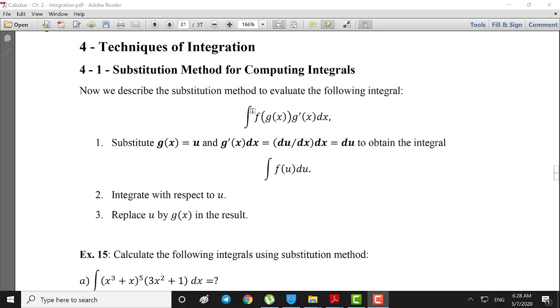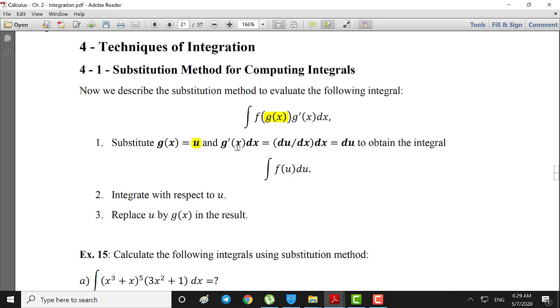If you have an integration in the form of the integral of f of g of x times g prime of x dx, then if you do a substitution in the form of considering this g of x here as u, then what do you have?